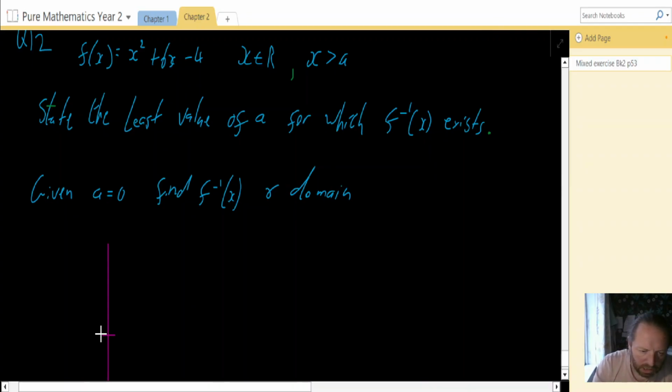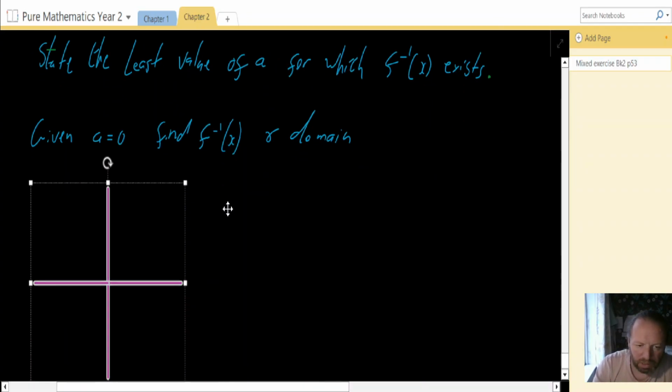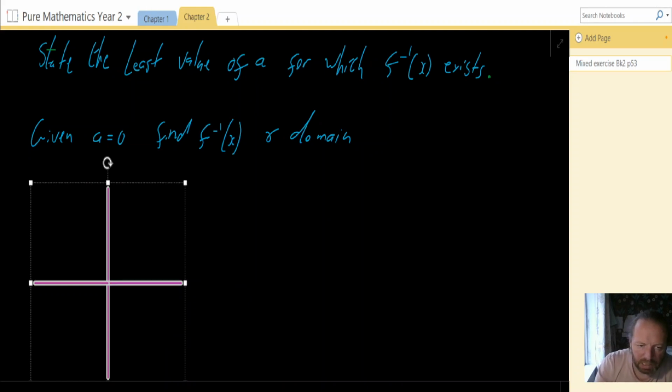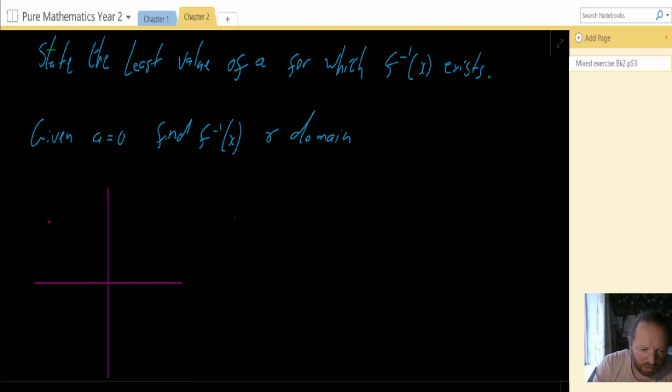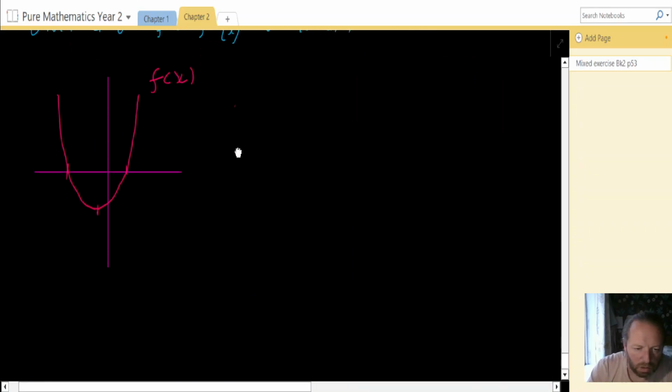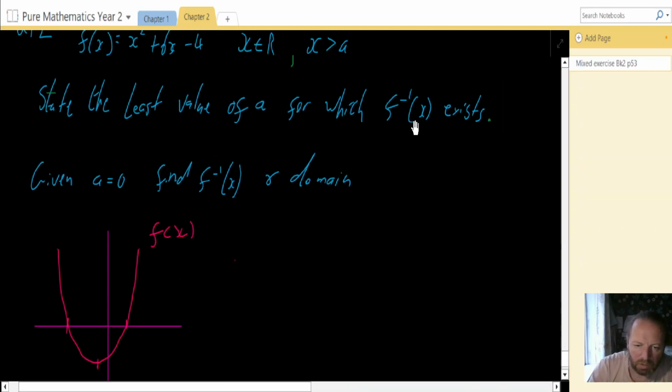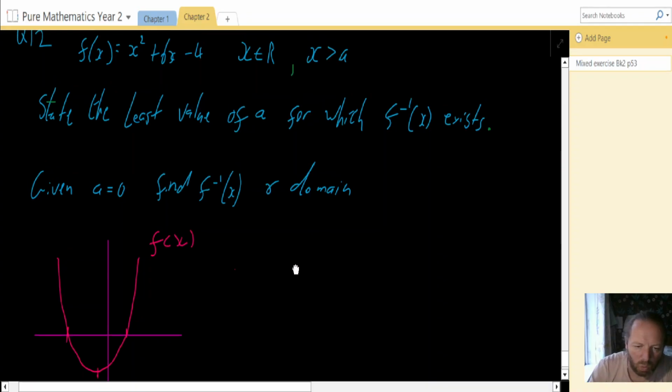If we plot that in and have a look at it, we have got some sort of shape like that. Call that f of x. We want to know for the f of minus 1.